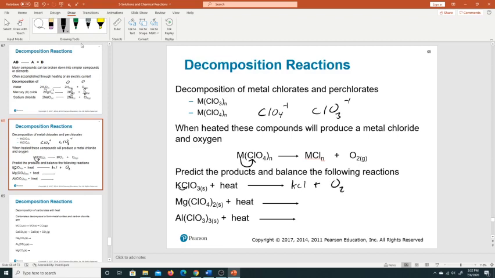You have to memorize this. You need to simply know that. If you see a decomposition reaction involving ClO4, ClO3, BrO4, BrO3, it makes no difference, this is what's going to happen.